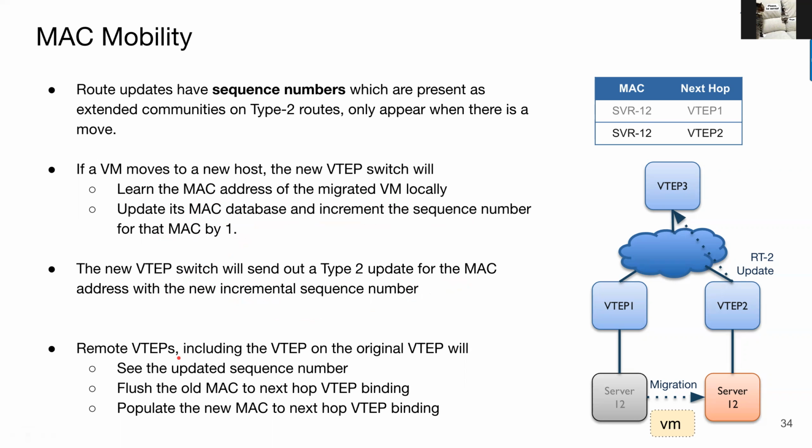All remote VTEPs, including the original VTEP, will see the updated sequence number, flush out the old MAC, and populate the new MAC. Simple. I don't think I've seen any cases on this.